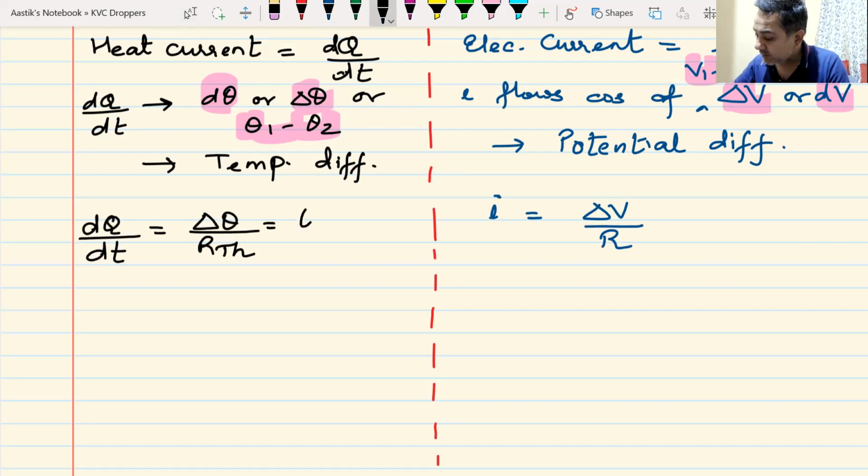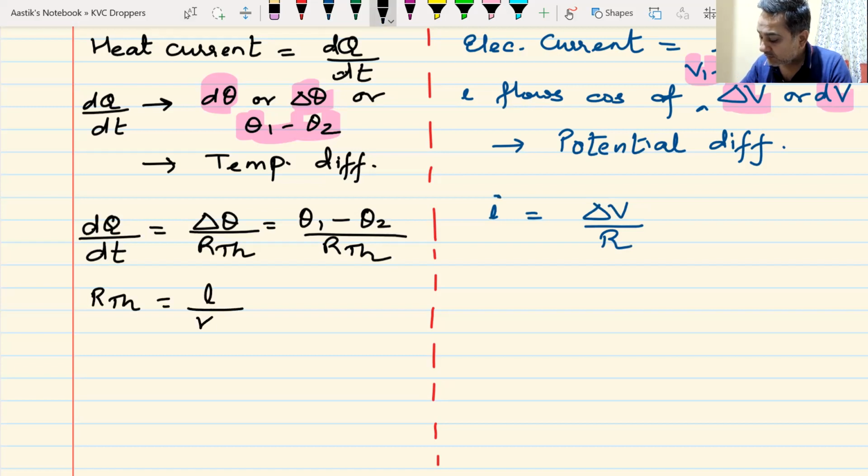Delta theta is theta 1 minus theta 2, divided by R thermal. And remember, this R thermal is L divided by Ka.